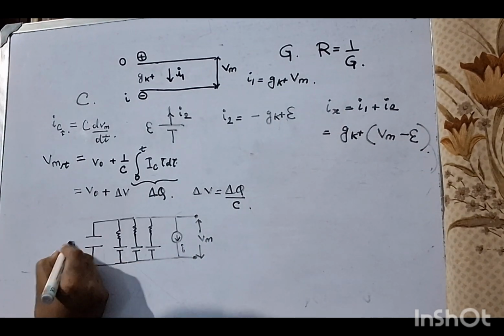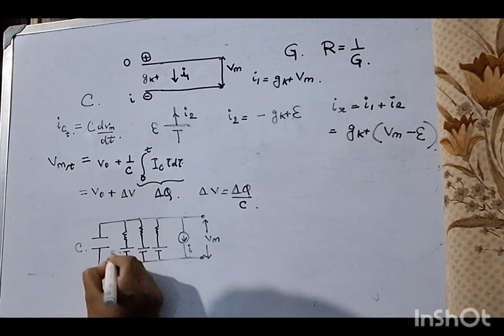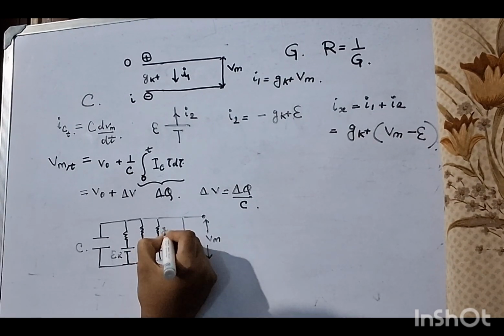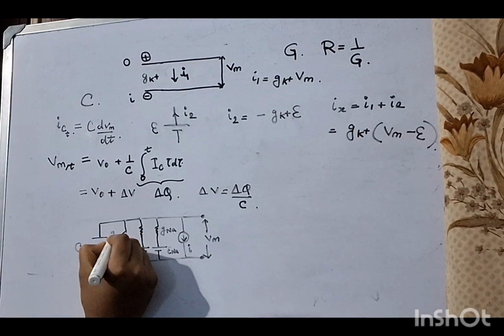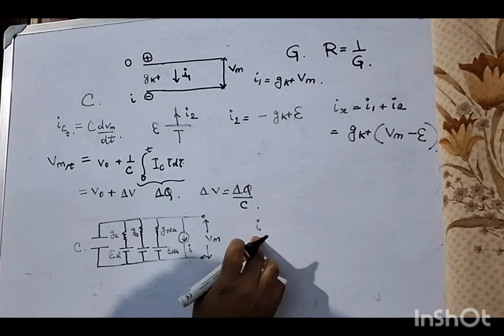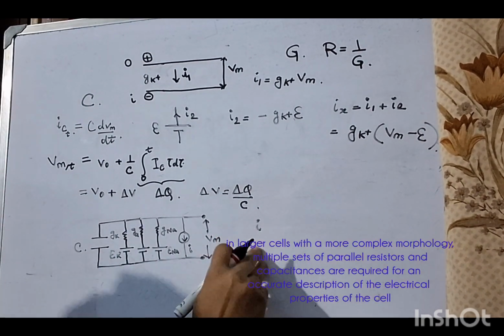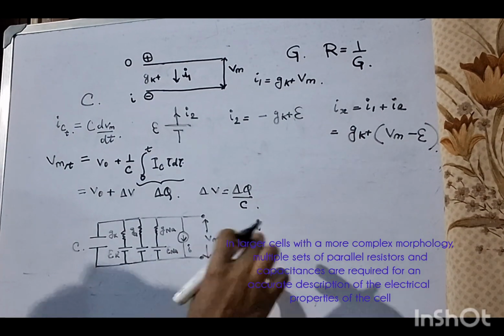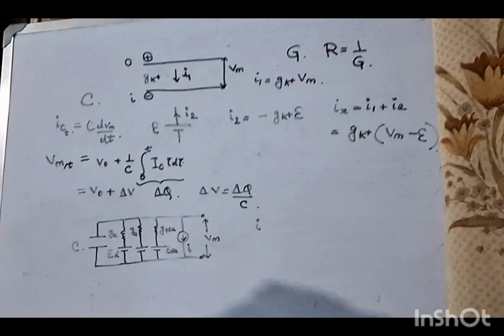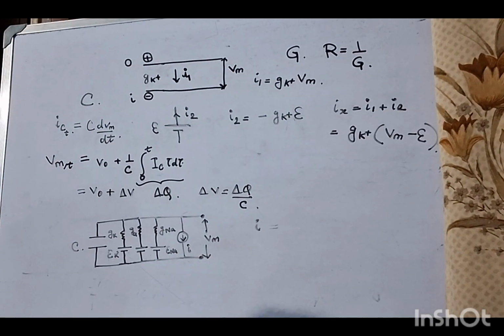This is the capacitor. This is E potassium, this is E sodium, etc. This is G sodium, G potassium, G chlorine. So the total current is actually a sum of the currents through the pumps, the currents through the individual leaky channels for the ions, and the current through the capacitor.